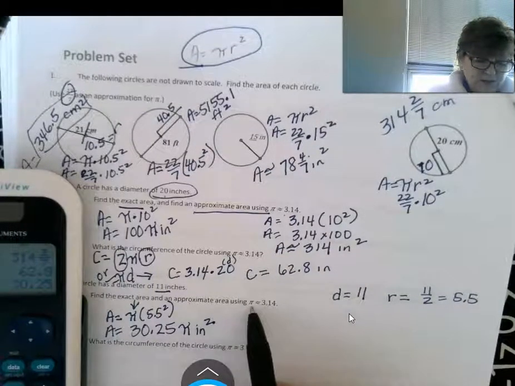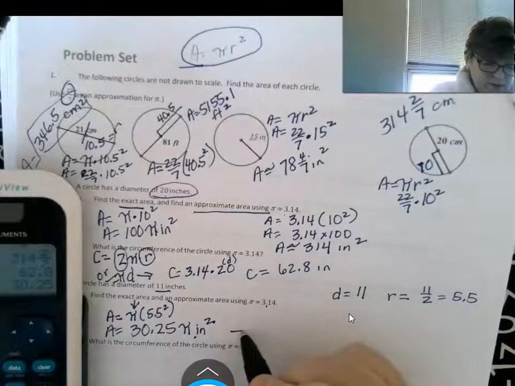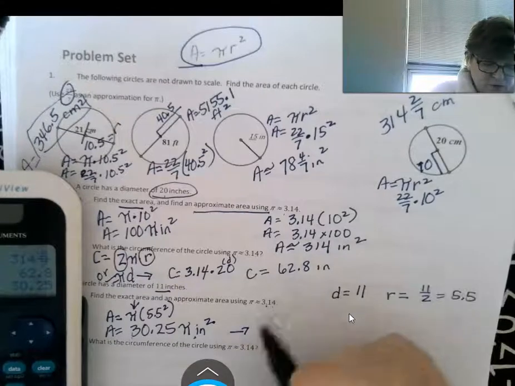The approximate is going to use this same formula right here, but we're going to substitute 3.14 in for the pi symbol.